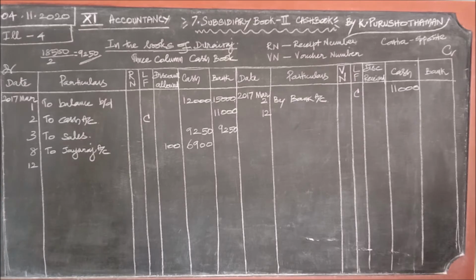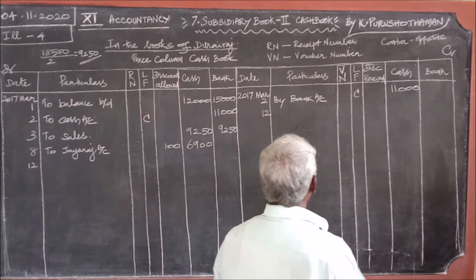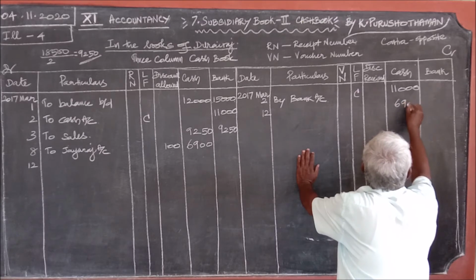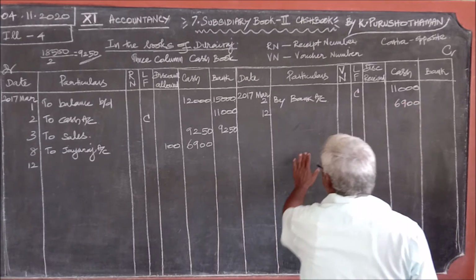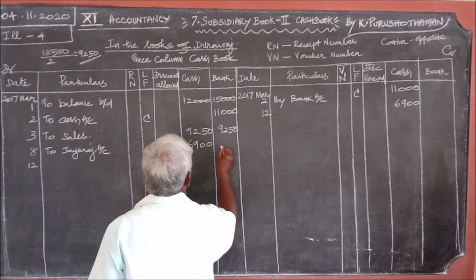That means the cash was paid into bank. Whenever cash is paid into bank or withdrawn from bank, it is a contra entry. Therefore 6,900 cash goes out and the same 6,900 comes into the bank.